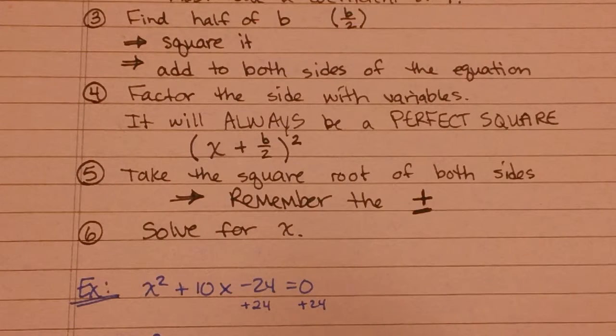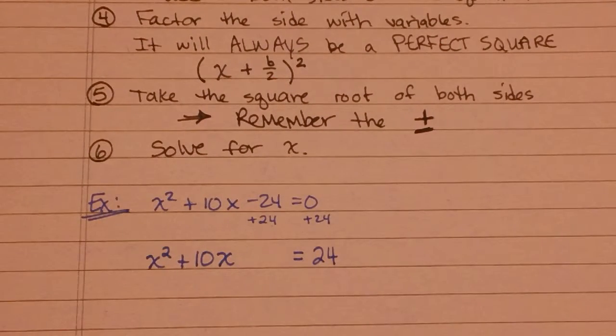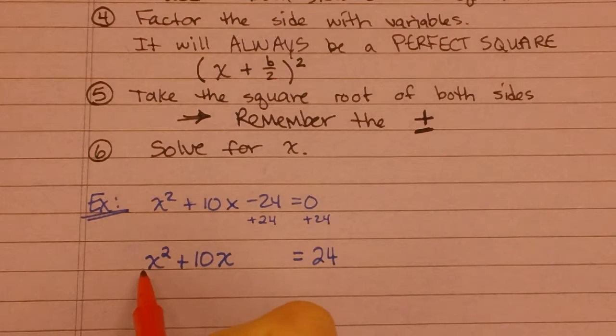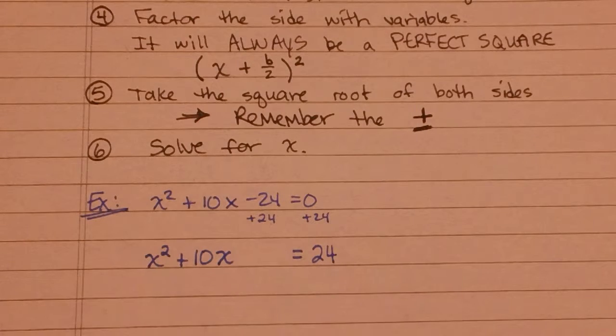I'm going to leave a gap, and you'll see why I'm doing that in a second, equals 24. So I have a space after my 10x. Step 2 is, is a equal to 1? So I'm checking to see, is there a coefficient in front of the x squared? And there is not. The coefficient is 1, so I'm on to step 3, which was find half of b.